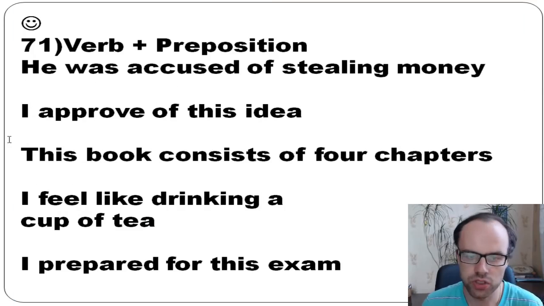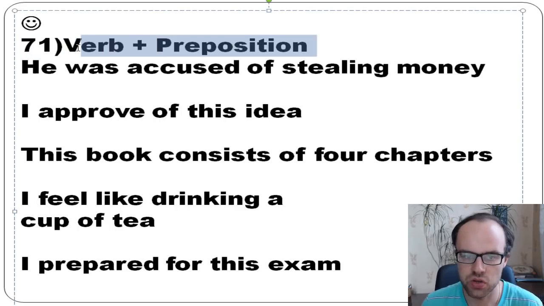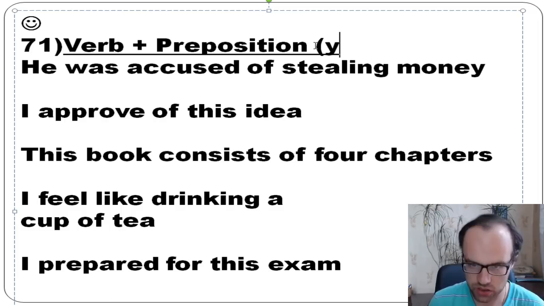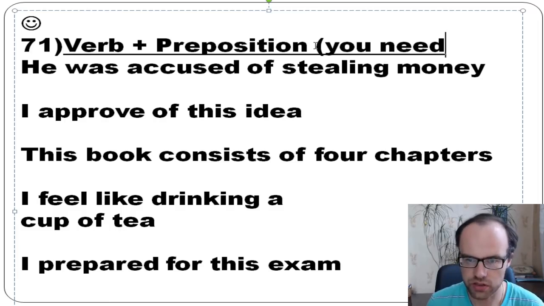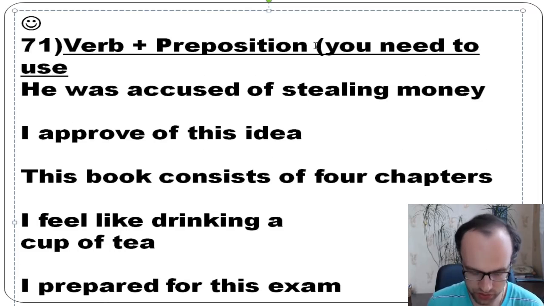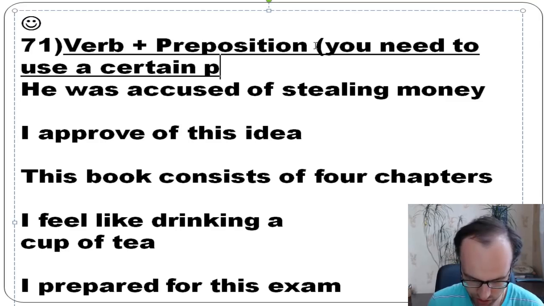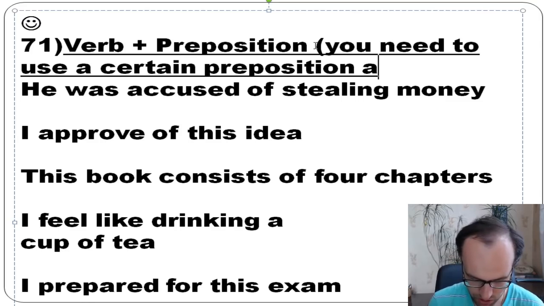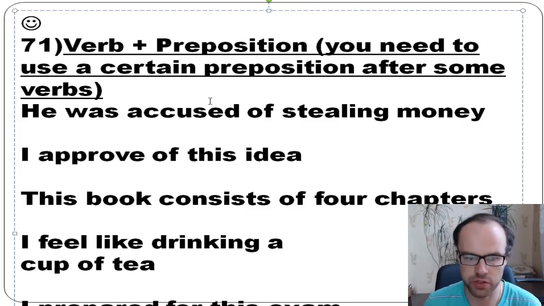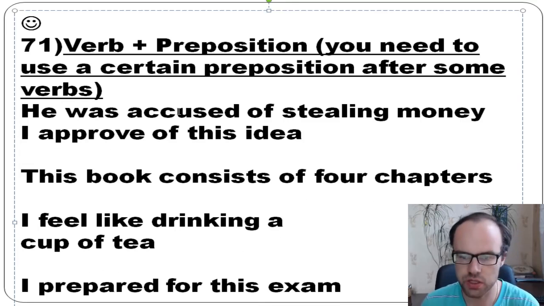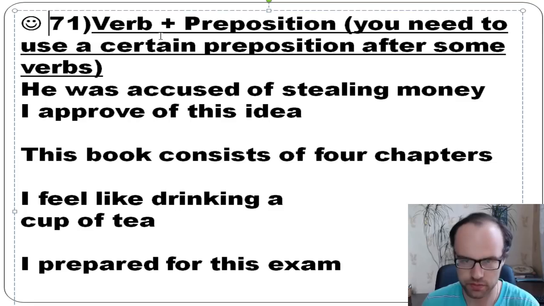Well, what about verbs and prepositions? It's the same thing. There are some verbs, you need to know them, and you need to use a certain preposition after them. Let me give you some examples.